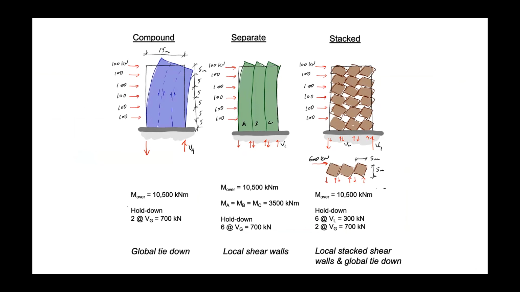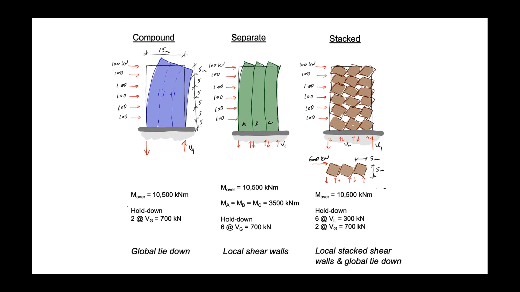But ultimately, in each of the three cases, we have the same overturning moment. It doesn't really matter what it is. I've just put numbers to it instead of needing to worry too much about the algebra. In the first case, where we have a full compound composite stability system across the whole width of the building with shear flow across each of the joints, we have a certain provision requirement for hold down.